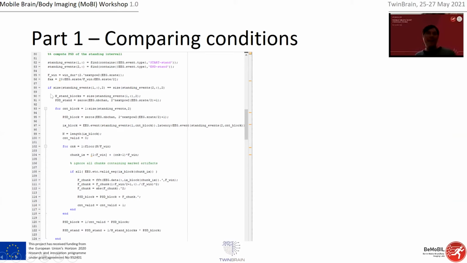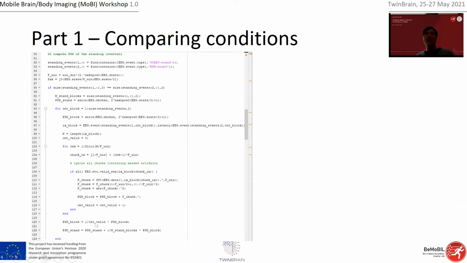Then I start initializing this routine, and for every block, I compute a PSD. These PSDs from every block are then averaged to get the average PSD of one condition, here the power spectral density of the standing condition.